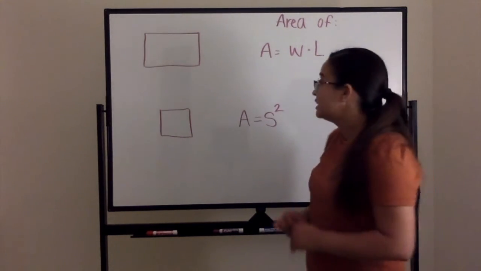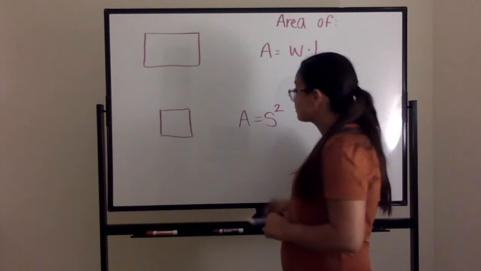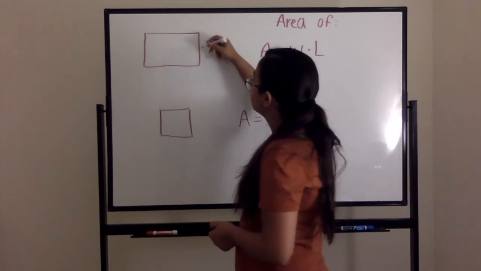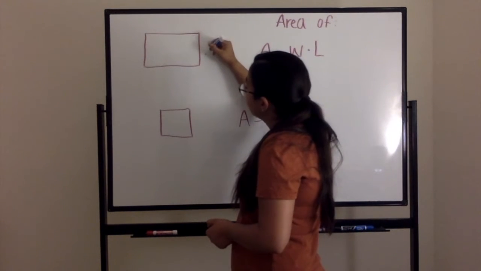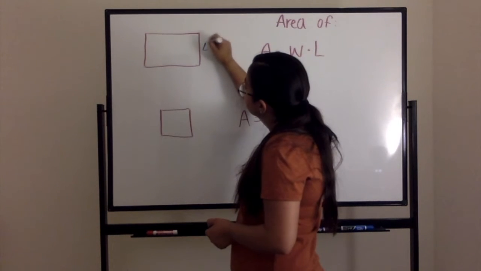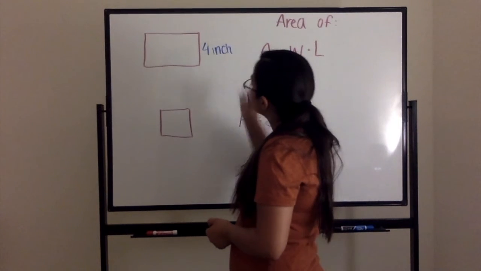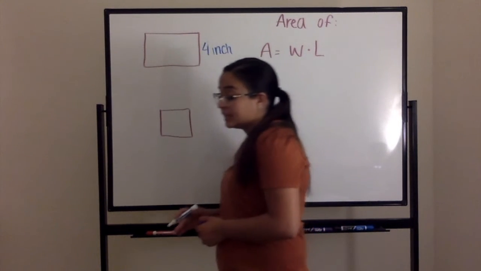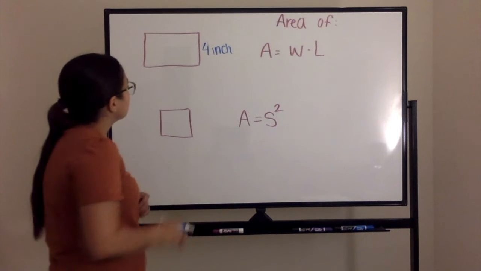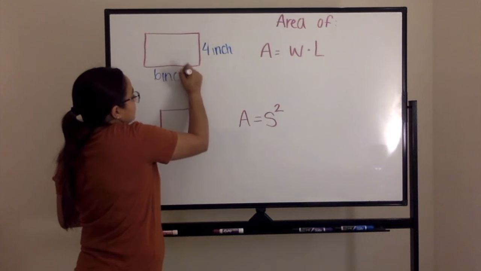So let's say, for this example, a rectangle's width is 4 inches. And let's say it is about 6 inches long, or 6 inches in length.